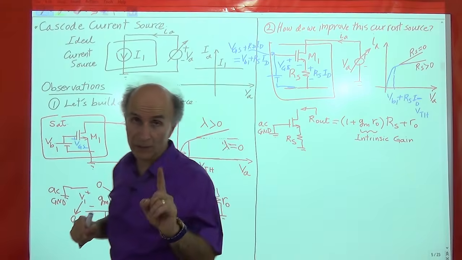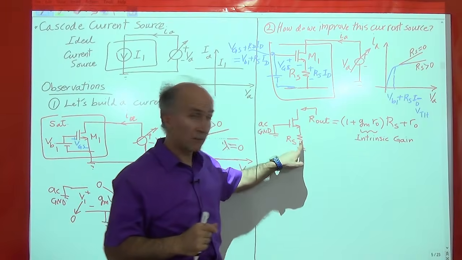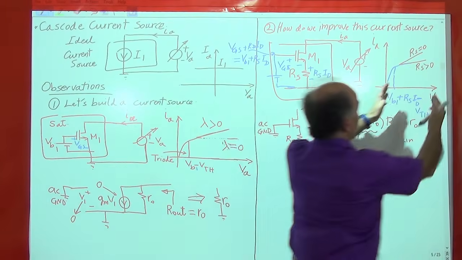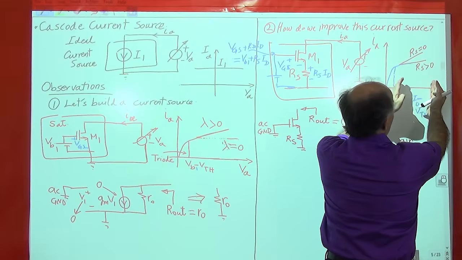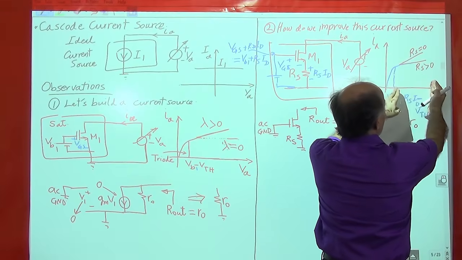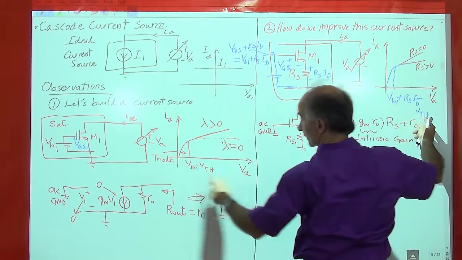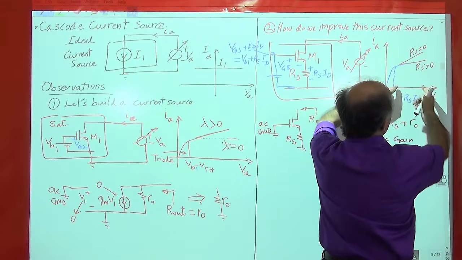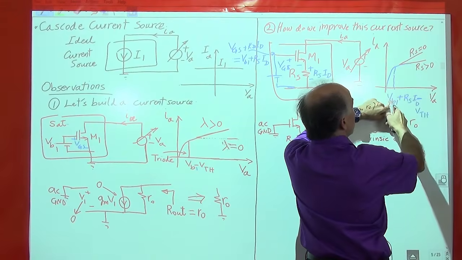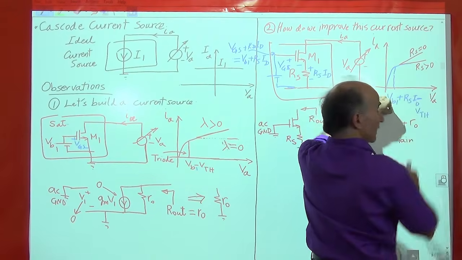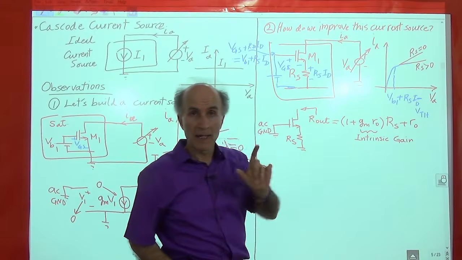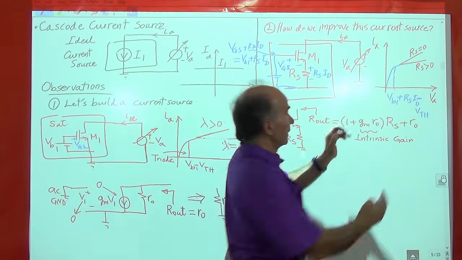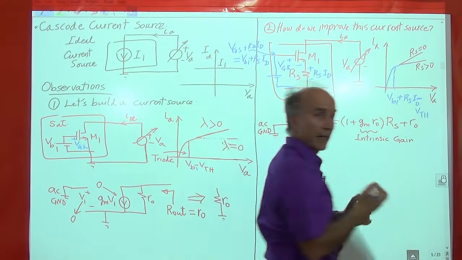So what we have sacrificed as a result of degeneration is this voltage range. This voltage range could come down all the way to VB1 minus VTH before, but now it can come down only to VB1 plus RS ID minus VTH. So we have lost an amount of RS ID in the voltage range that we can tolerate across the current source here.